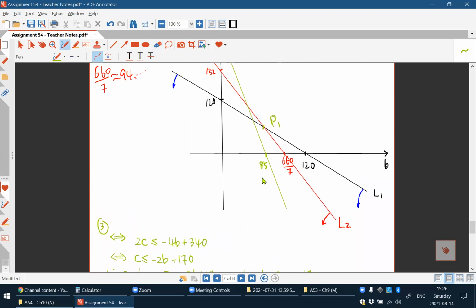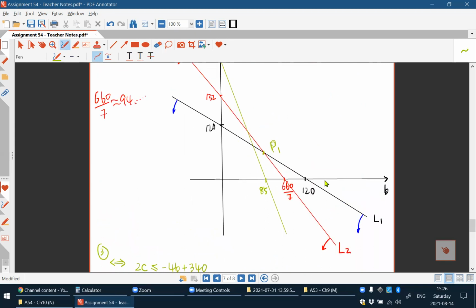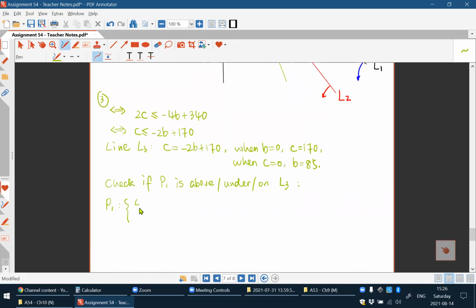P1 happens to be the intersection between line L1 and line L2. So in order to find its coordinate, we need to combine the equations of L1 and L2, which means C equals minus B plus 120 and C equals minus 7 over 5 B plus 132, right? And we need to solve these equations.